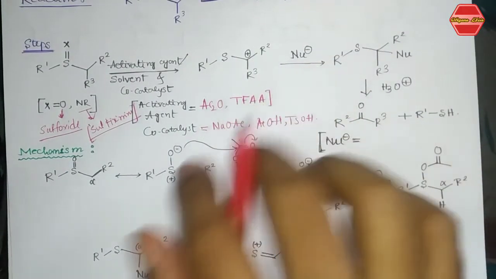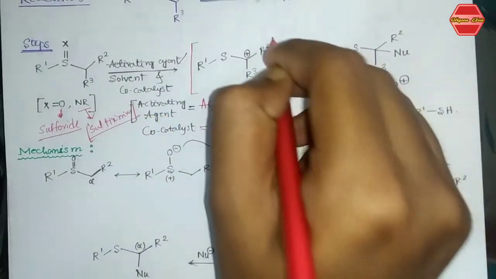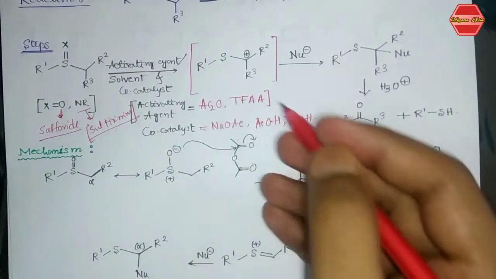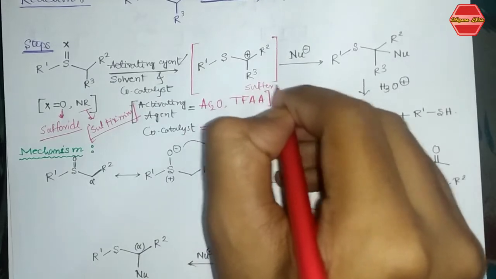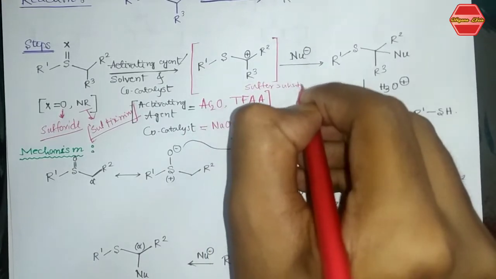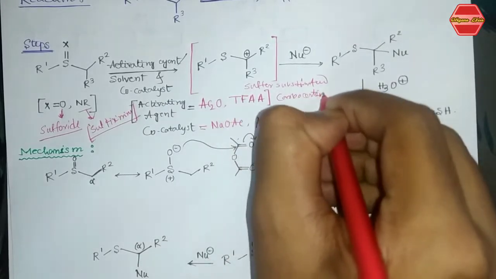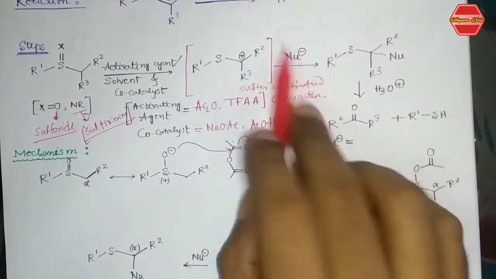Now the important thing is that you get this type of intermediate by using this type of reagent. This is called a sulfur substituted carbocation. Okay, now see, in this intermediate you have to put the nucleophile.